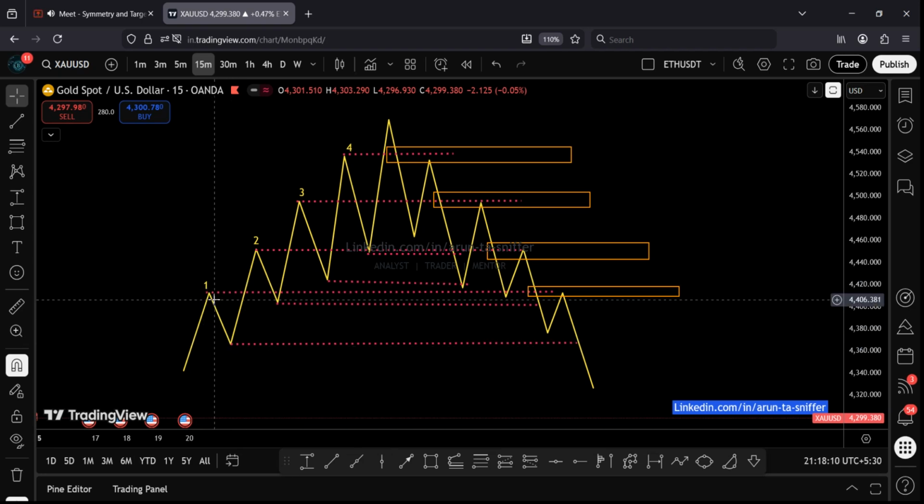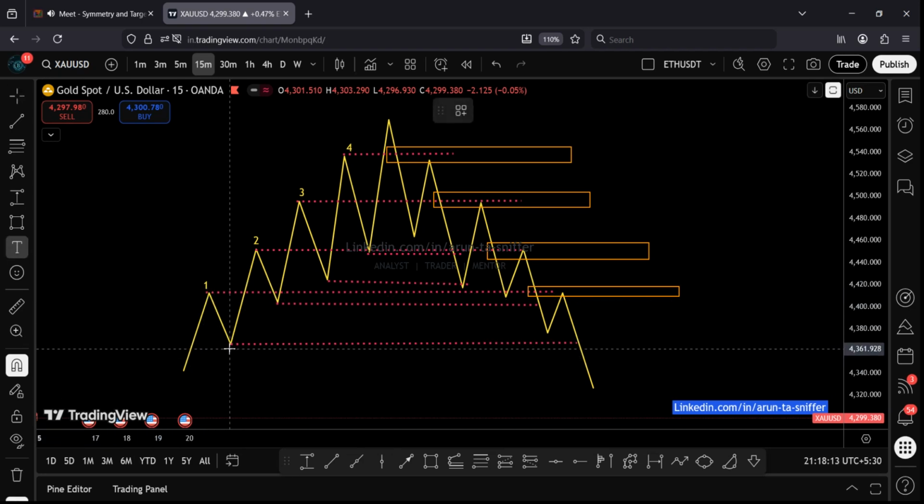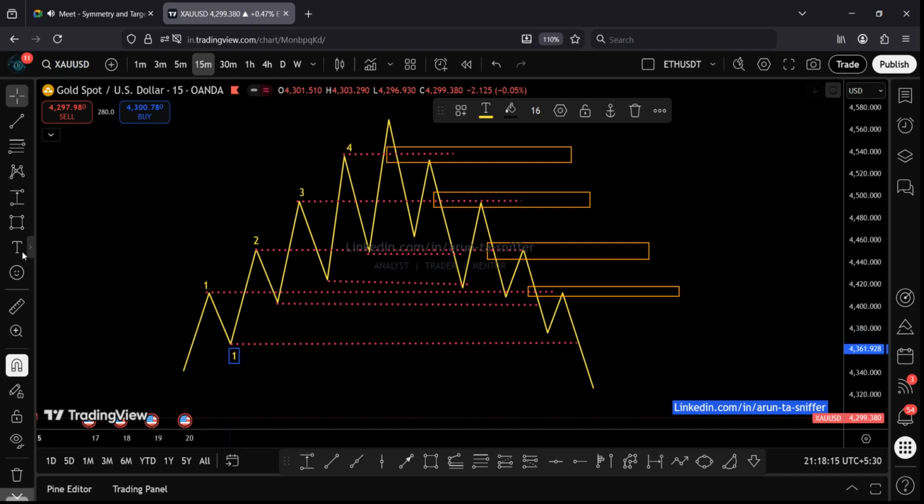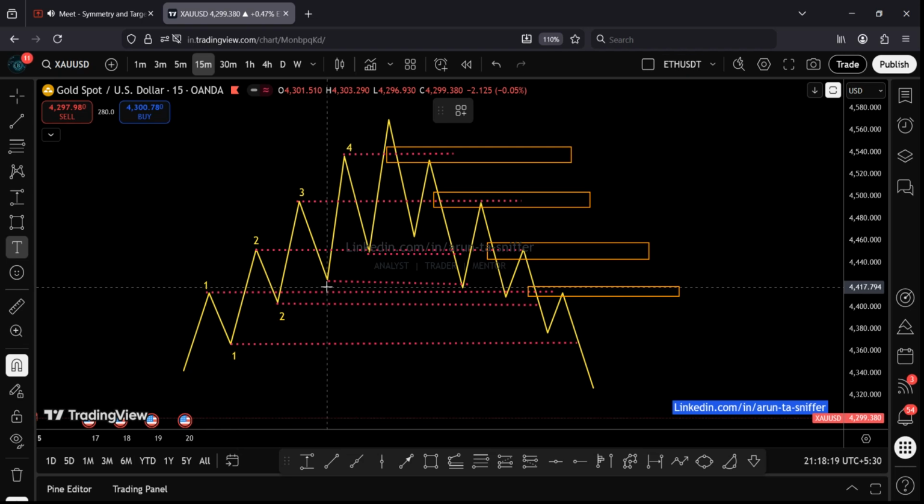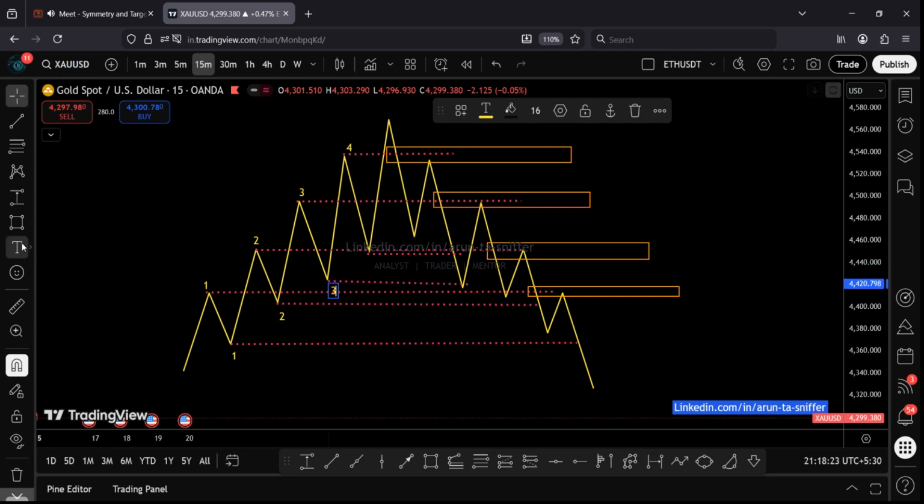This swing will be one swing and we will denote it 1, like this, then 2, 3, and 4.